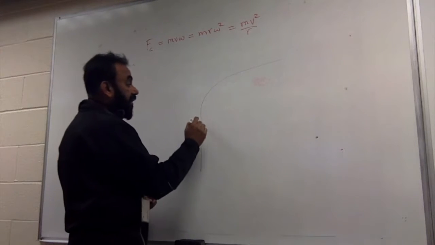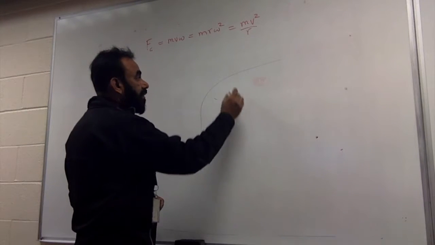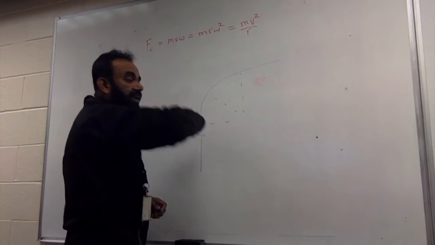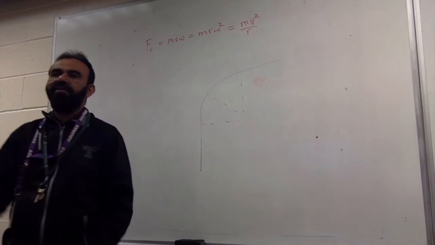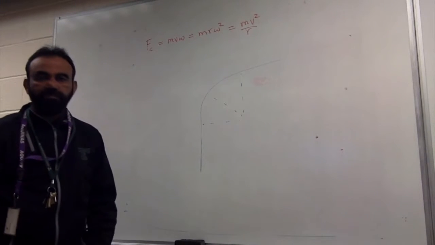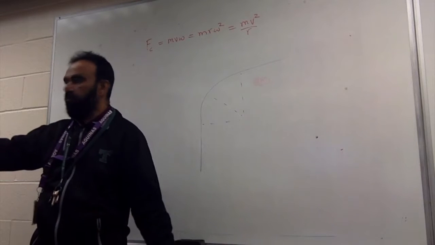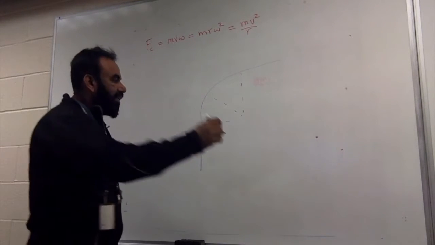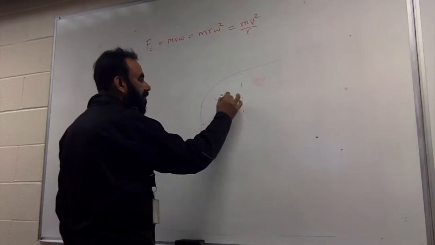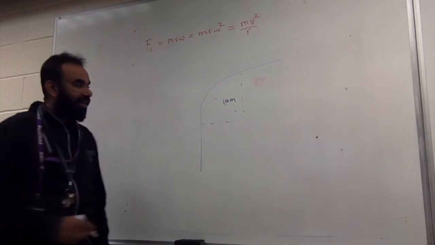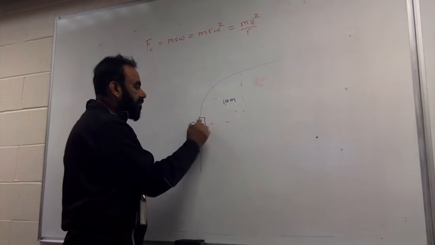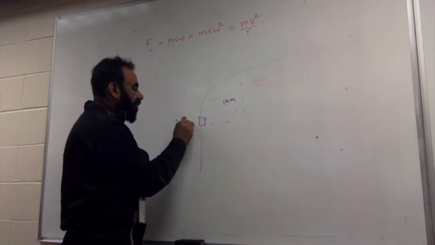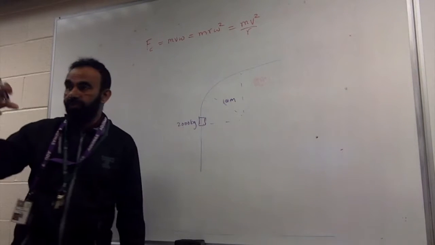The radius of the turn which you normally take is, let's say, almost 10 meters. So let's say 10 meters radius, and your car is 2,000 kilograms.